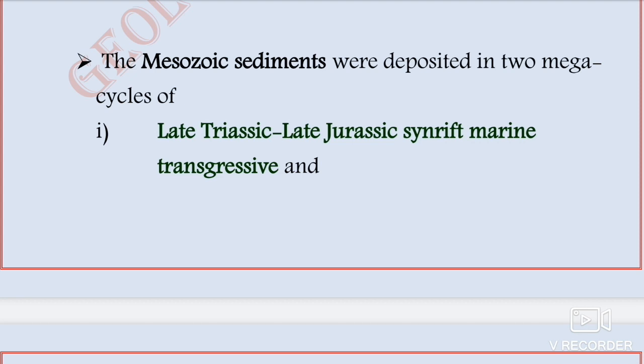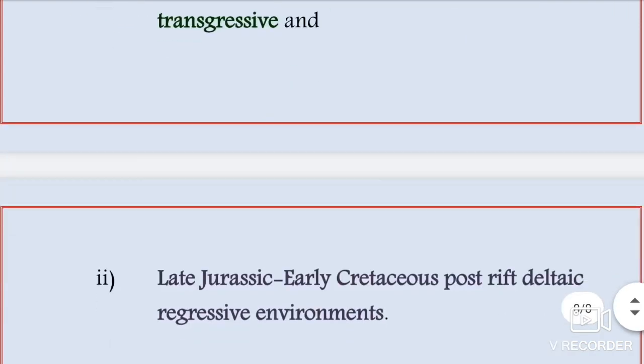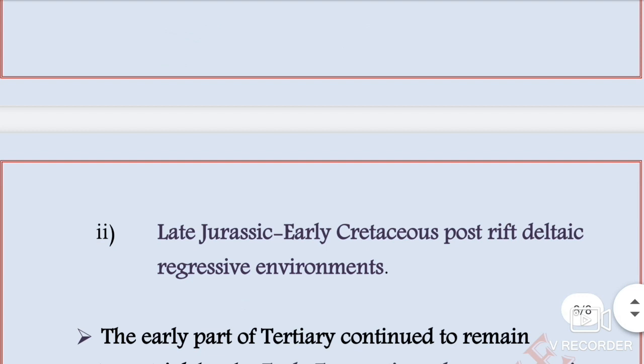So the deposition of the Mesozoic sediments took place in two mega cycles. The first was the late Triassic to late Jurassic syn-rift marine transgressive system, and the second was the late Jurassic to early Cretaceous post-rift deltaic regressive environment.